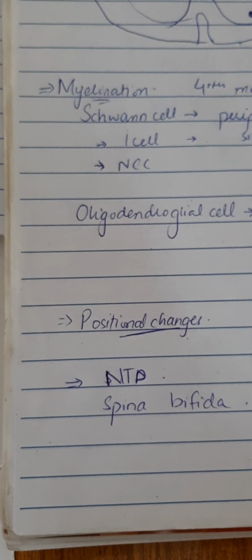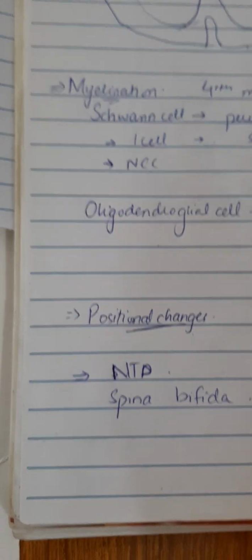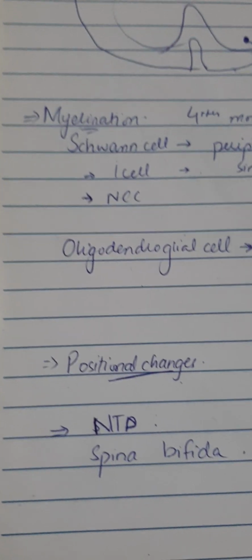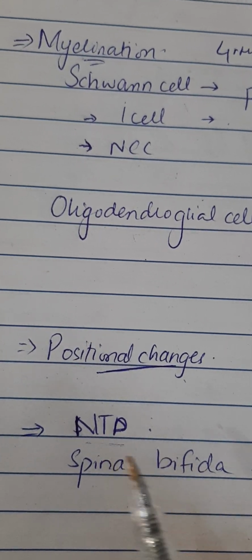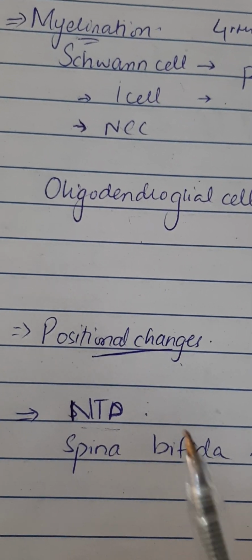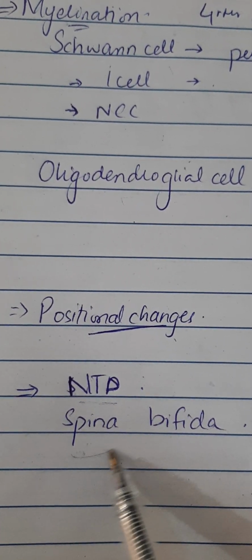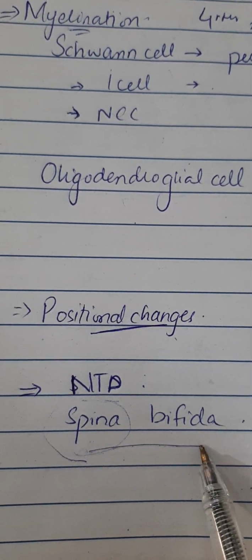Okay, so we are going to quickly wrap it up with the neural tube defects. Neural tube defects, do you understand this? It is a neural tube defect, so it is definitely a defect in the folding of the neural tube, right? If it happens in the spinal region, then it is called as spina bifida, and there are several types of this spina bifida.